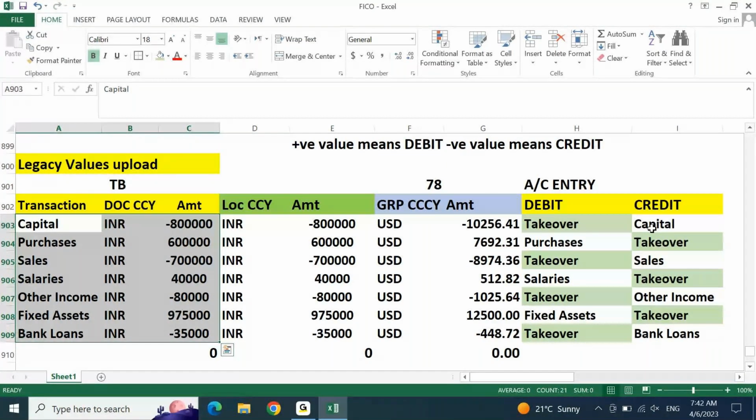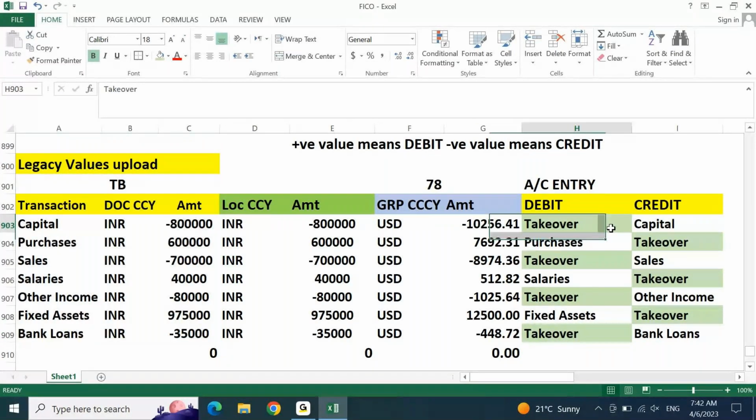Since the data that I got is the trial balance, it will have only the closing balance. Closing balance will either tell you debit balance or credit balance. If it is a debit balance, you need a missing credit. If it is a credit balance, you need a missing debit. This missing debit, missing credit is always taken into takeover accounts. And at the end of passing these entries, your takeover account balance will become zero.